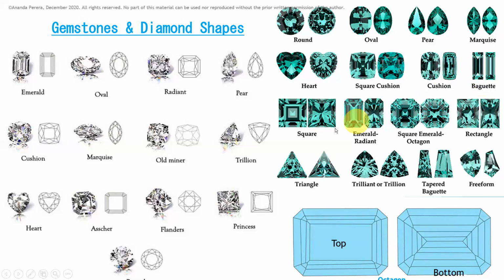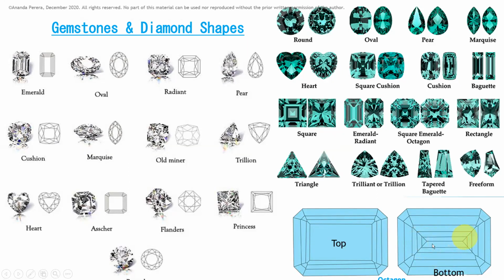Baguette. Square. Emerald or radiant, top and the bottom. Square emerald octagon. Rectangle. Triangle. Trilliant or trillion, top and bottom. Tapered. This is octagon shape, top side and the bottom side.